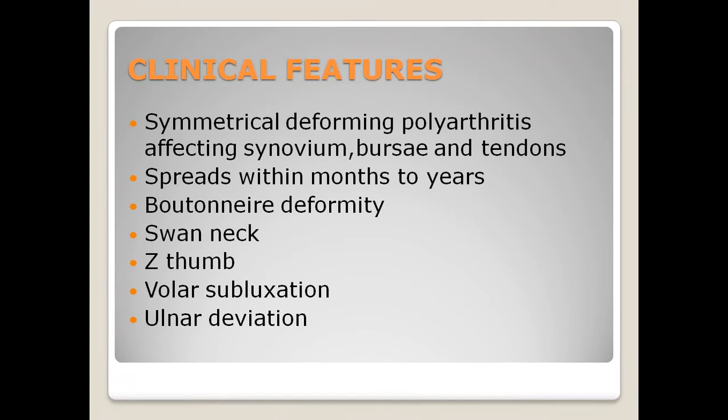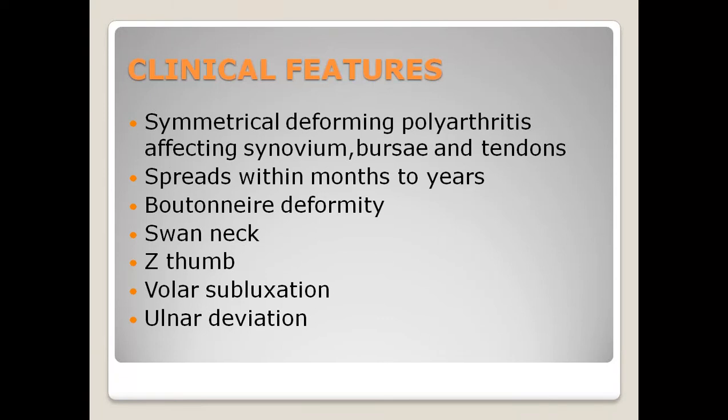So the clinical features: it is a symmetrical deforming polyarthritis. This is very important. Symmetrical deforming polyarthritis affecting synovium, bursae, and tendons. It's a symmetrical condition where there is deformation of the joint with polyarthritis affecting synovium, bursae, and tendons.